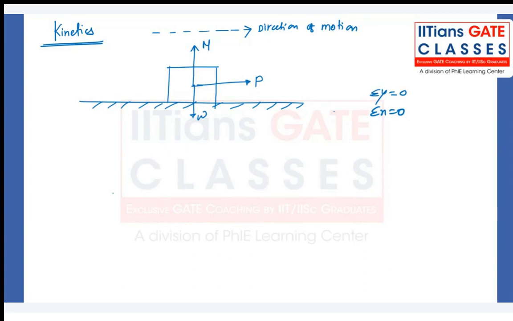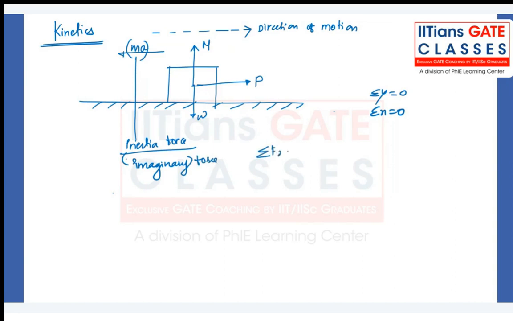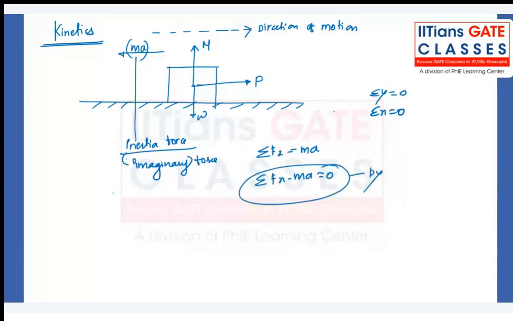So if you apply one imaginary force, ma, in the opposite direction, let's call it an inertia force, such that the summation of all forces acting on the body in the horizontal direction is equal to mass times acceleration, then I can say the summation of all Fx minus ma equals 0. Let's call this a dynamic equilibrium equation.